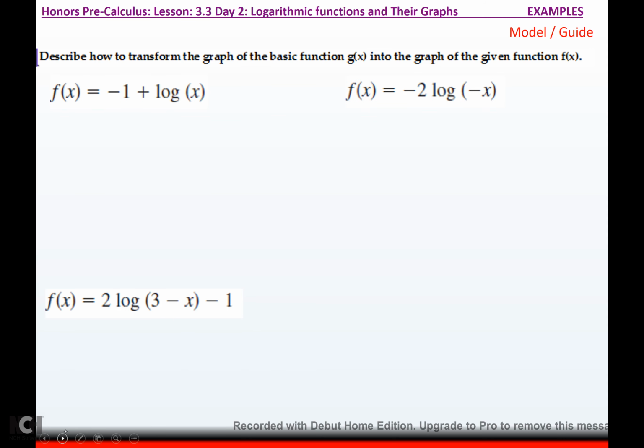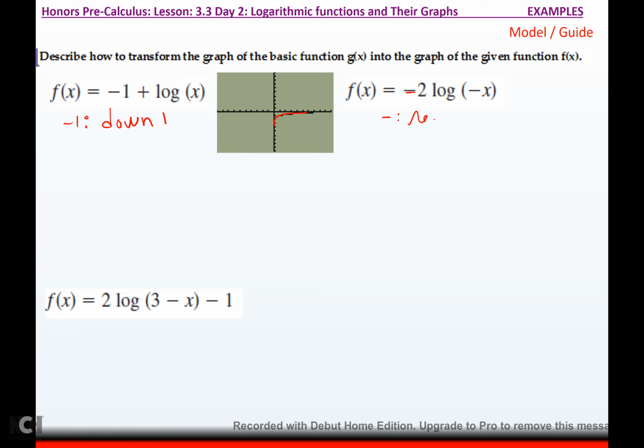Alright, so if we do this one, the negative 1 is going to move it down 1. So if I take my log function and move it down 1, there you go. This negative on the outside is going to reflect over x. The 2 is going to be a vertical stretch.